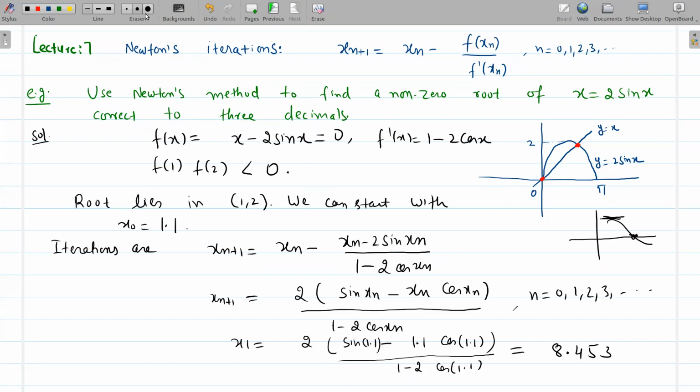Let's write the first few iterations, then we will see. The first answer is 8.453. Now put 8.453 here and simplify it. The next answer is 5.256. And the next answer is 203. The next one is 118.019.